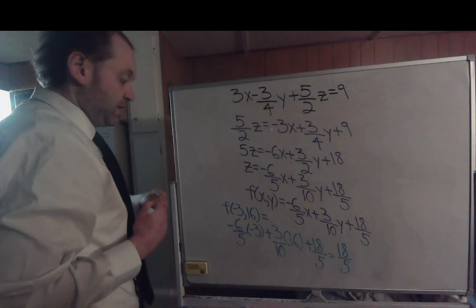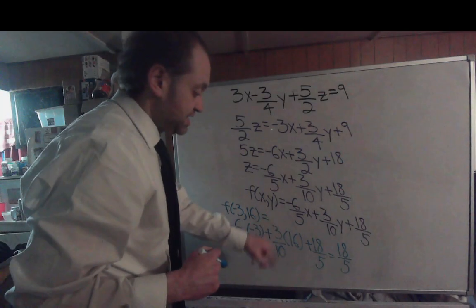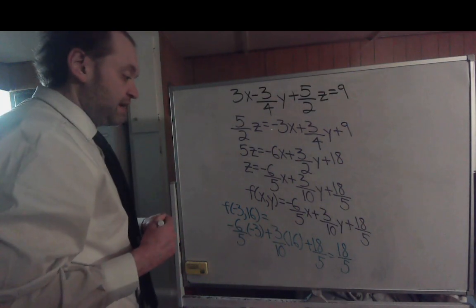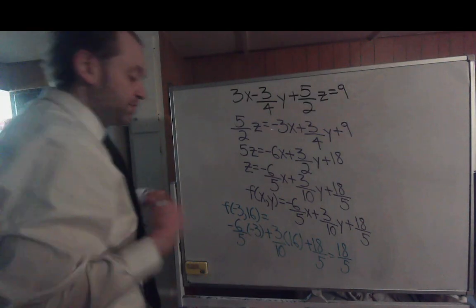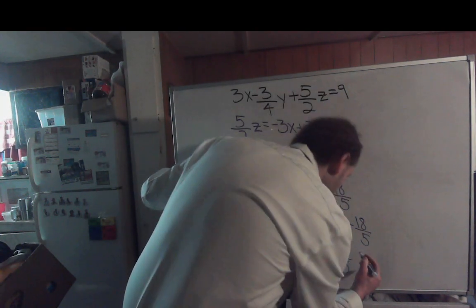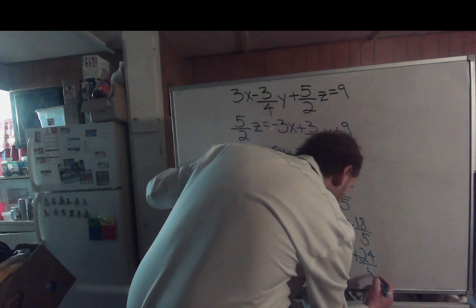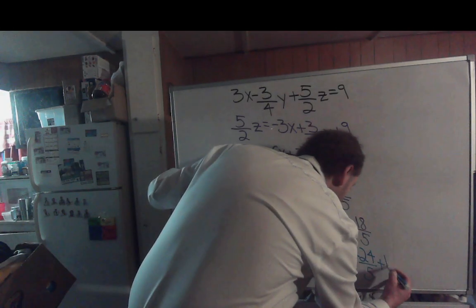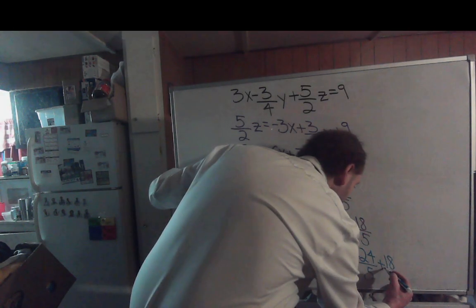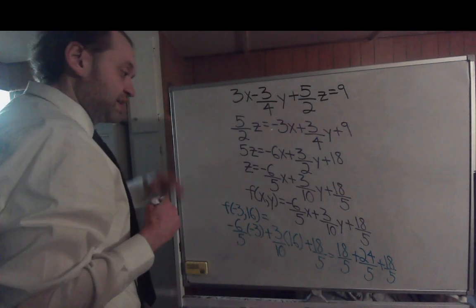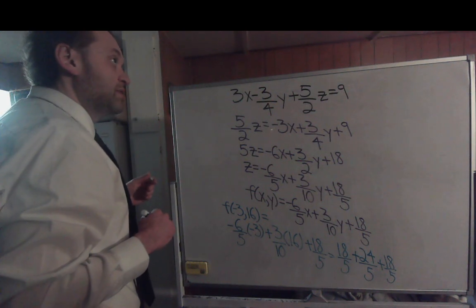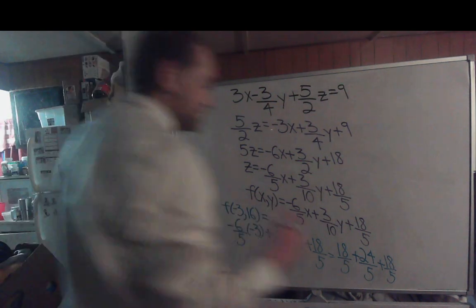Now 3 times 16 over 10 becomes 3 times 8 over 5, which becomes plus 24 over 5, plus yet another 18/5, which we'll add together. 36 plus 24 is 60.